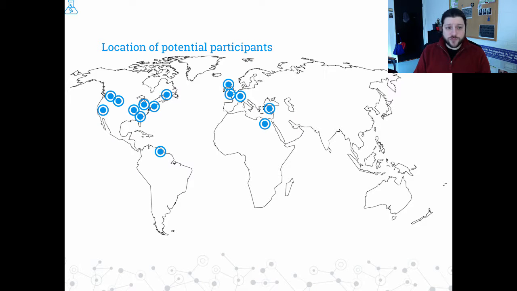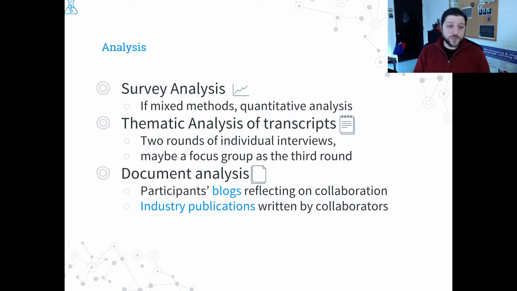Potential location of participants. These are the potential locations of some of the collaborators in RISO 14 and 15. There's a lot of North American influence, but I'm hoping that we get to see some diversity from non-North American perspectives. In terms of analysis, there's an analysis of the surveys, which is going to be either qualitative, or if there are quantitative components, there's going to be quantitative analysis with that as well.